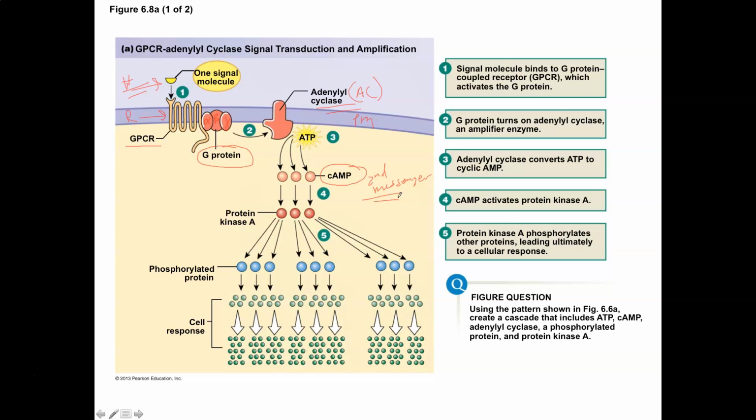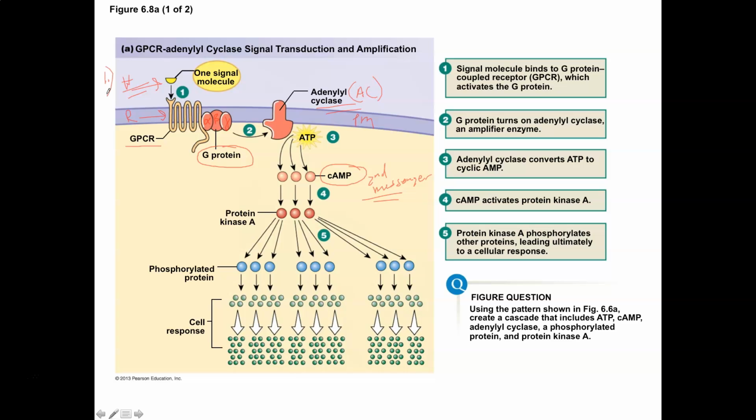So what does the mechanism look like? What are the steps if we were going to walk through the process? So number one, the first thing that you want to consider is that the hormone is binding to a receptor. So we have an interaction of this water-soluble hormone with a receptor in the plasma membrane. The second thing that we see happening is the G protein is going to split into two parts.